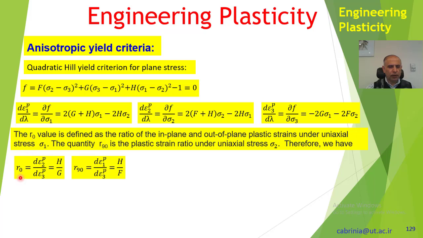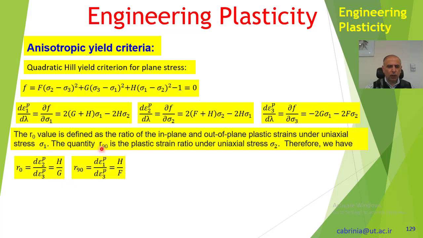For the first one, R0, we have epsilon 2 over epsilon 3, of course sigma 2 and sigma 3 are 0. We get minus 2h sigma 1, and here we get minus 2g sigma 1. So that one over this one gives h over g.